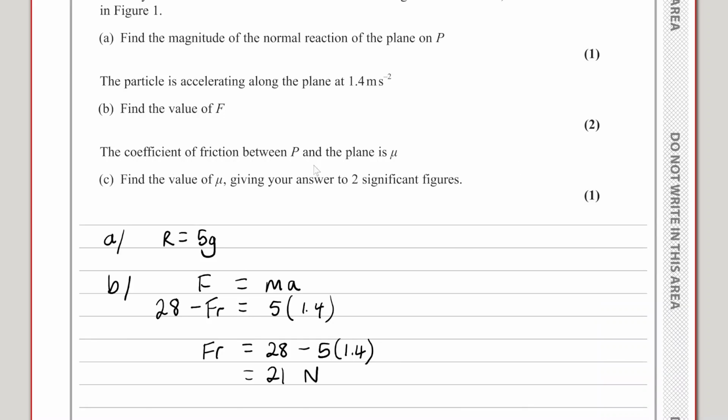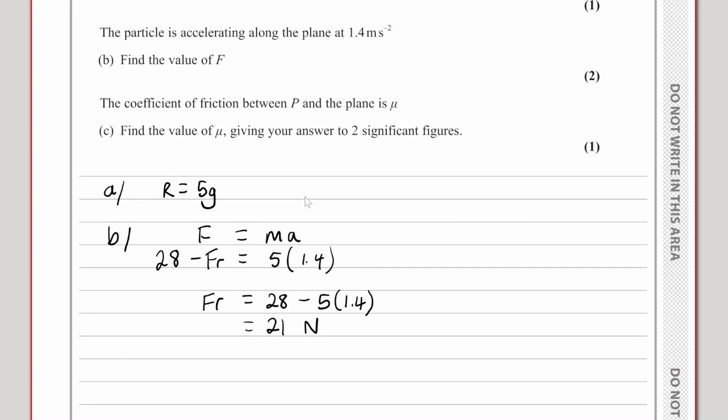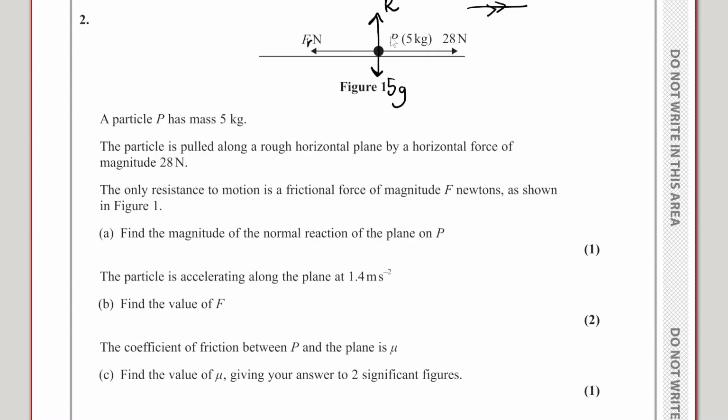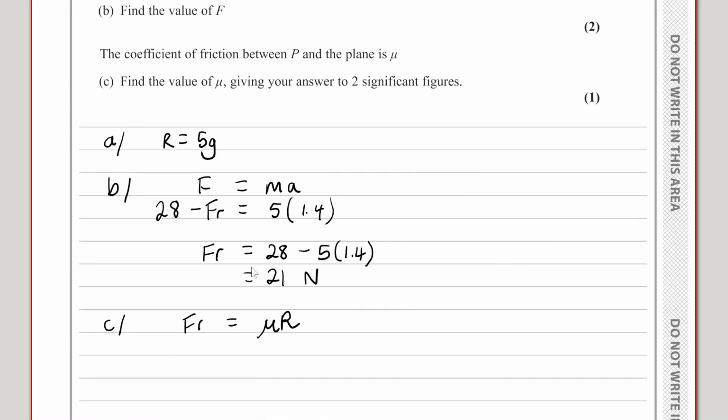The coefficient of friction between P and the plane is mu. Find the value of mu, give your answer to two significant figures. So friction is equal to mu times R. The maximum friction is mu times R, but because it's accelerating, we know that friction is taking its maximum value.